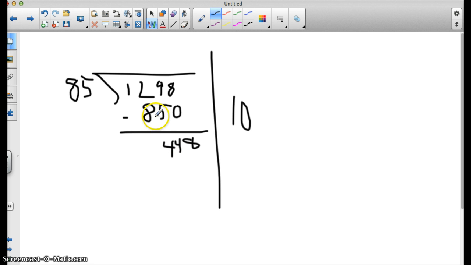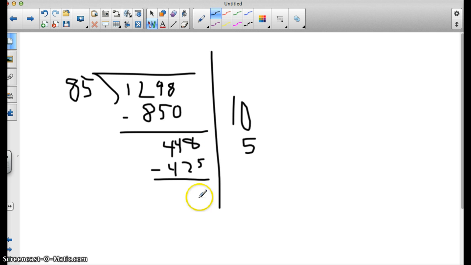I know that half of 850 is 425, so a 5 will work. Perfect. So I'll use half of that, which I know that half of 10 is 5, so half of 850 is 425, so that was easy for me. I'm going to subtract. So when I'm doing this, I'm always thinking, well, how can I make this easy on myself? What do I know for sure?